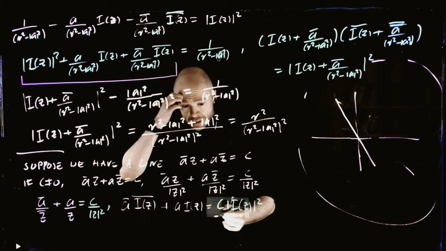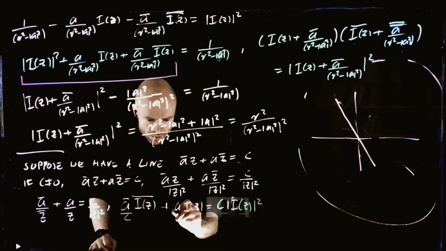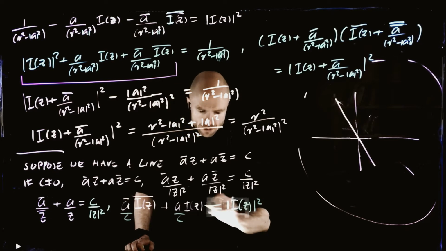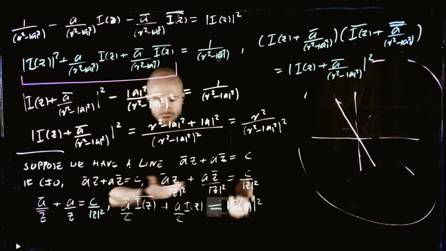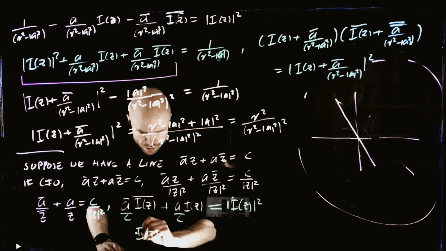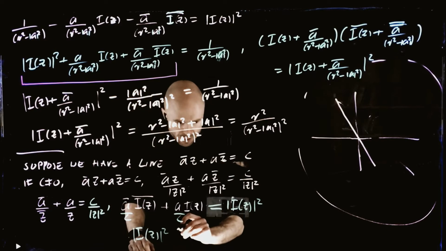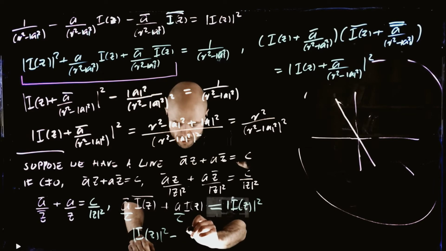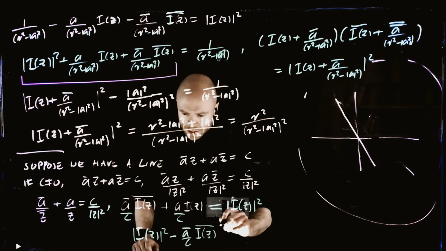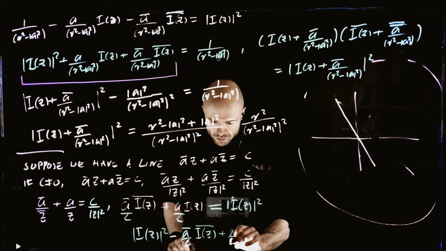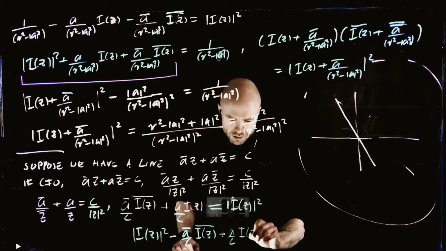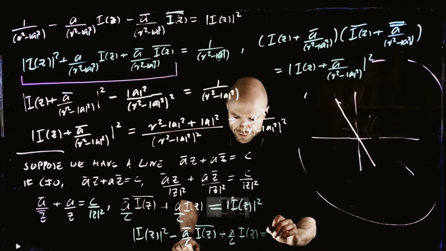Let's divide through by C and rewrite like this. Then you can see what's happening. It's the same kind of thing as before. We put stuff on the other side, and minus this over this, and plus A over C. Oops, not plus, minus. And that thing is equal to 0.